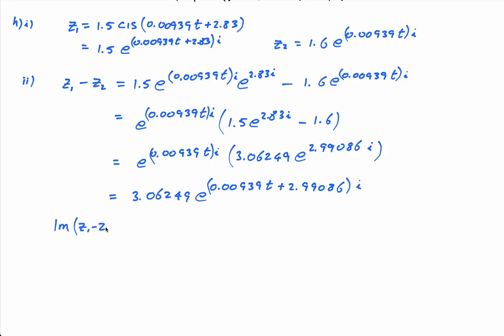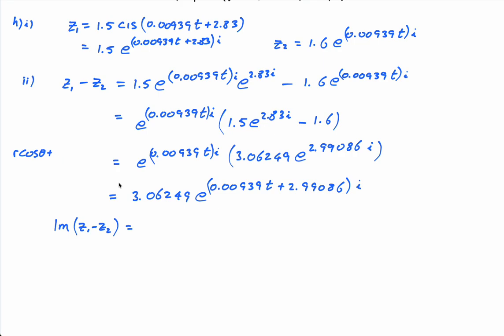So the imaginary part of z1 minus z2 is just the sine part, because remember, a complex number is r cos theta plus i times sine theta. The imaginary part will just be the r sine theta.